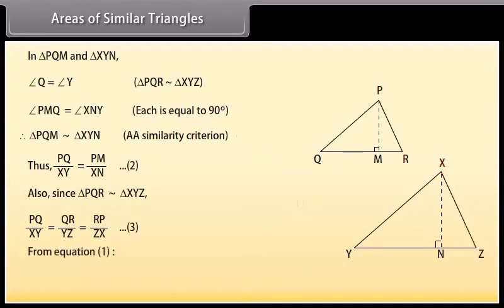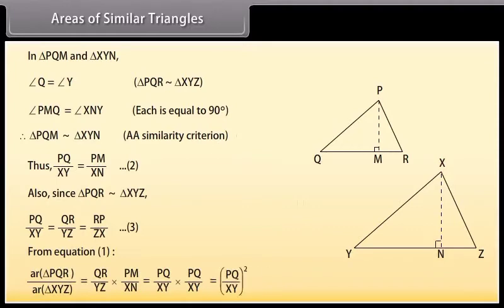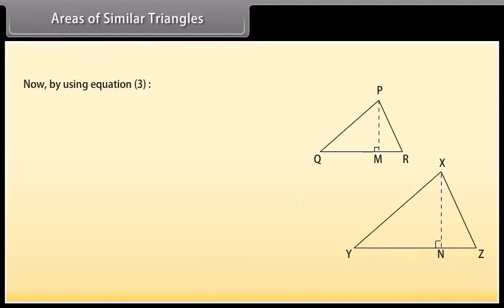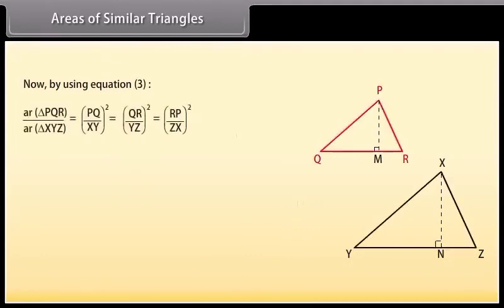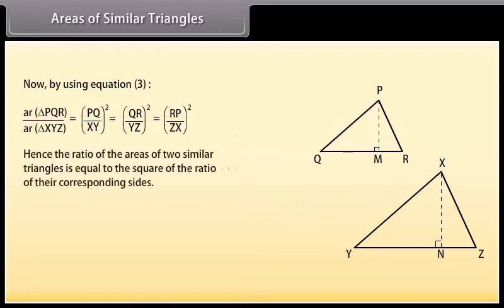From equation 1, area of triangle PQR upon area of triangle XYZ equals QR upon YZ into PM upon XN, and by using equations 2 and 3, area of triangle PQR upon area of triangle XYZ equals PQ upon XY whole square, which is equal to QR upon YZ whole square, which is equal to RP upon ZX whole square. Hence, the ratio of the areas of two similar triangles is equal to the square of the ratio of their corresponding sides.